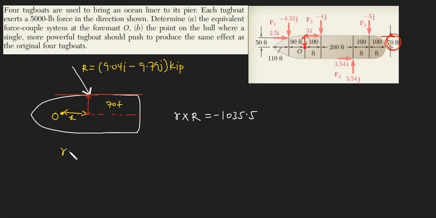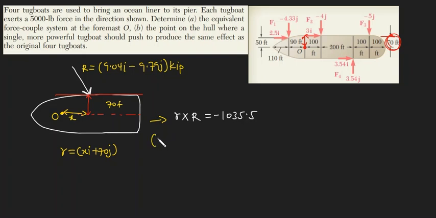So now our position vector will be xi plus 70j. That's what we have for now. We don't know what the x is, so you have to find the x. And since the rotational effect that the single force will cause must be equal to the rotational effect that the four tugboats caused, we can use this equation to find the value of x.